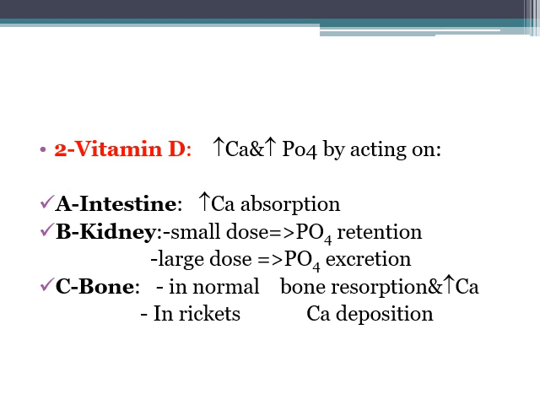On intestine, it increases the calcium absorption. On kidney, small dose causes phosphorus retention, while large dose causes phosphorus excretion. On bone, in normal bone, it causes resorption and increasing serum calcium, but in case of rickets, it helps the calcium deposition.